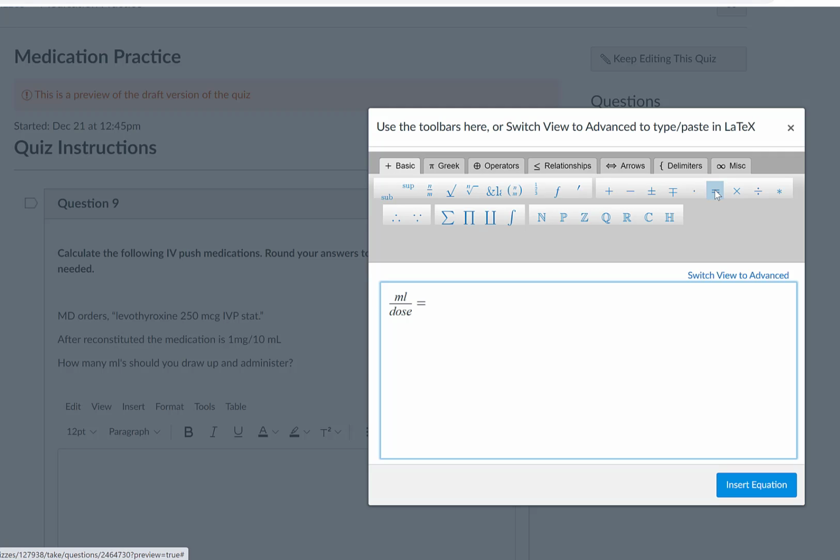So what do I know about mLs? I know for 10 mLs, there's 1 milligram. And now I need to get rid of the milligrams, but there are no milligrams, there are micrograms. So I know that in 1 milligram, there are 1,000 micrograms. And now I know that there are 250 micrograms per dose.